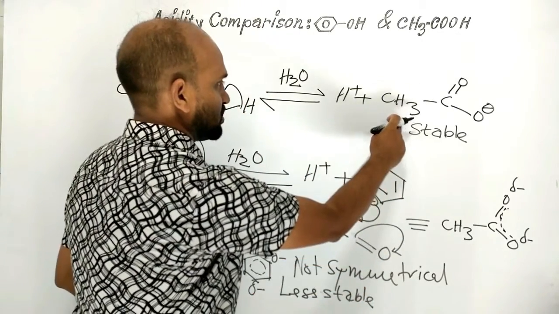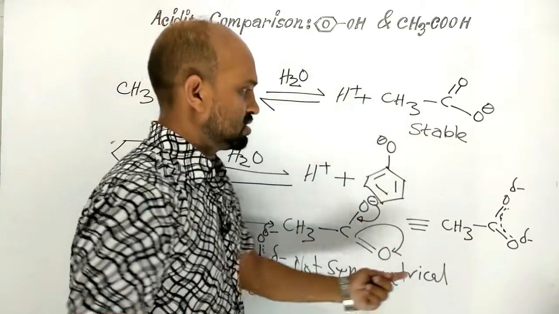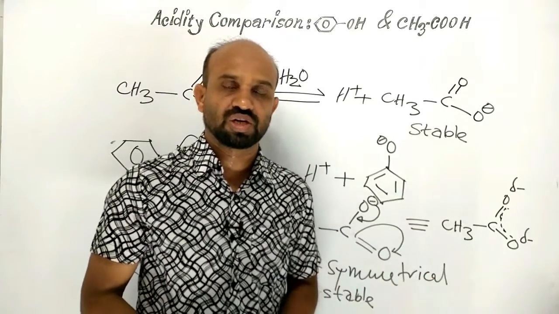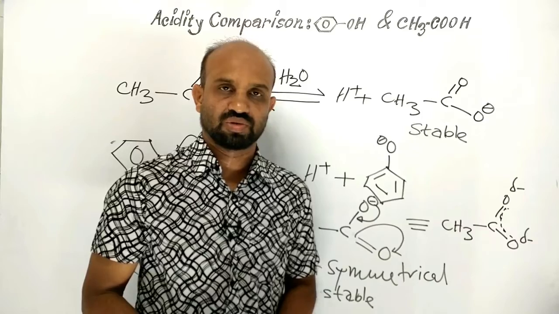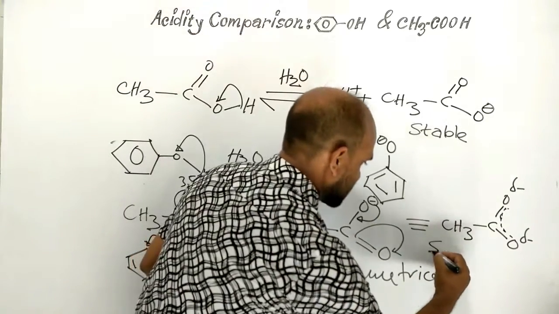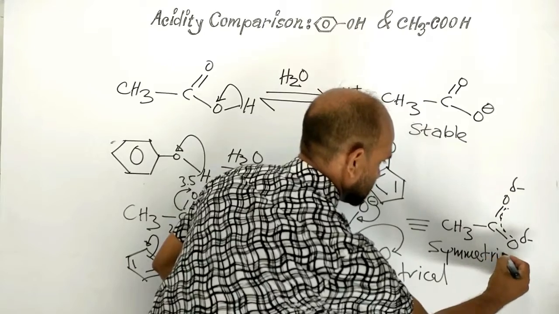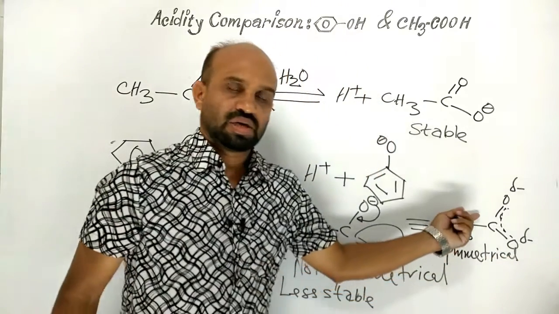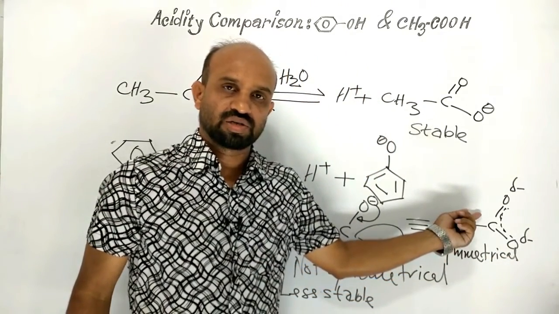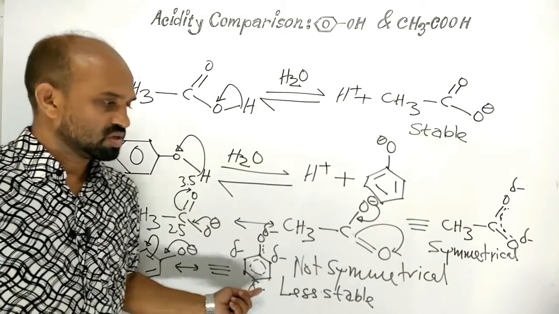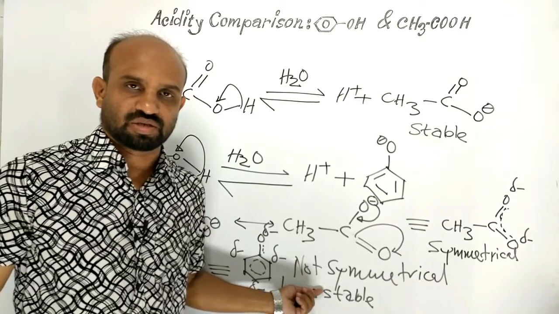But in case of the acetate ion, the negative charge disperses between two electronegative oxygen atoms, which is a symmetrical structure. The acetate ion is a symmetrical structure. The phenoxide ion is not a symmetrical structure.